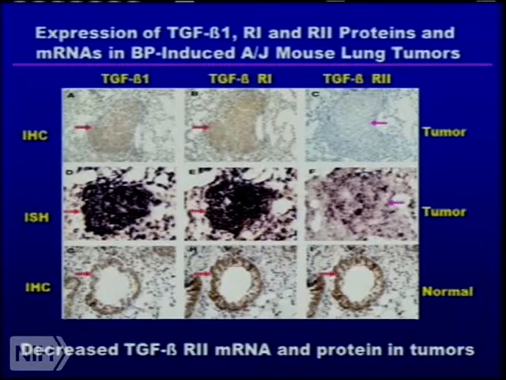In comparison, the expression of the protein and message for the type 2 receptor is reduced in the tumors, while there's normal, equal expression of these proteins in the surrounding normal bronchioles.